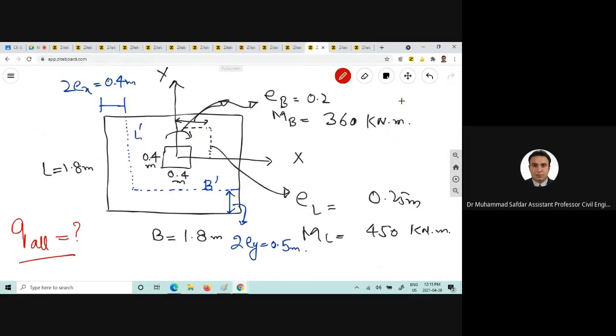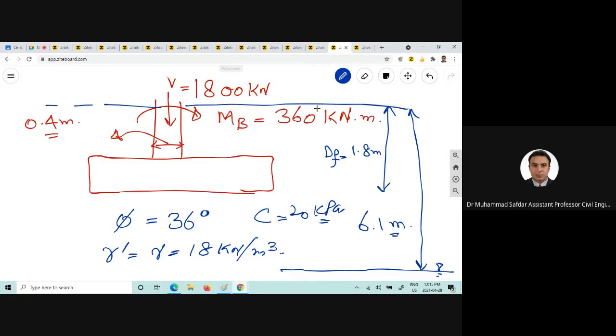So you can take a picture, or you can take a screenshot of this problem or the plan or the top view, and the cross-sectional view you can also take the screenshot, because we are going to solve this problem. You need this information.